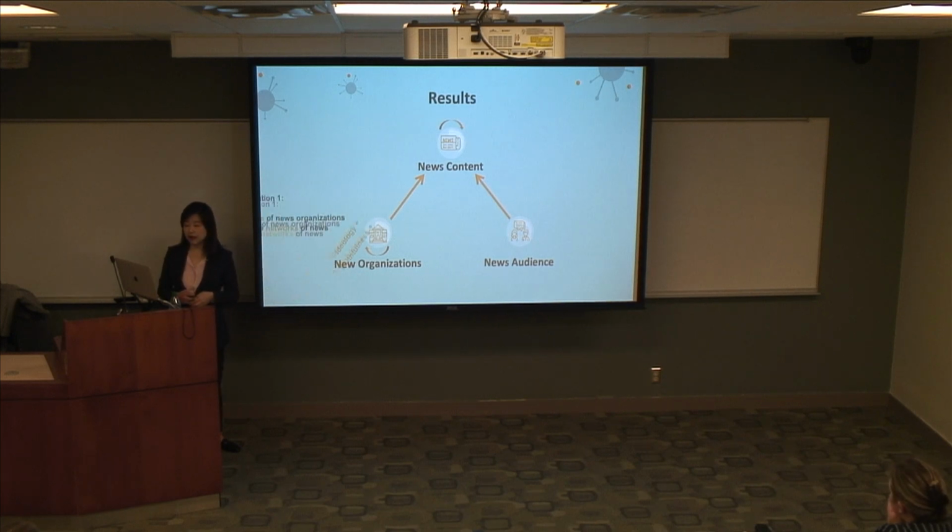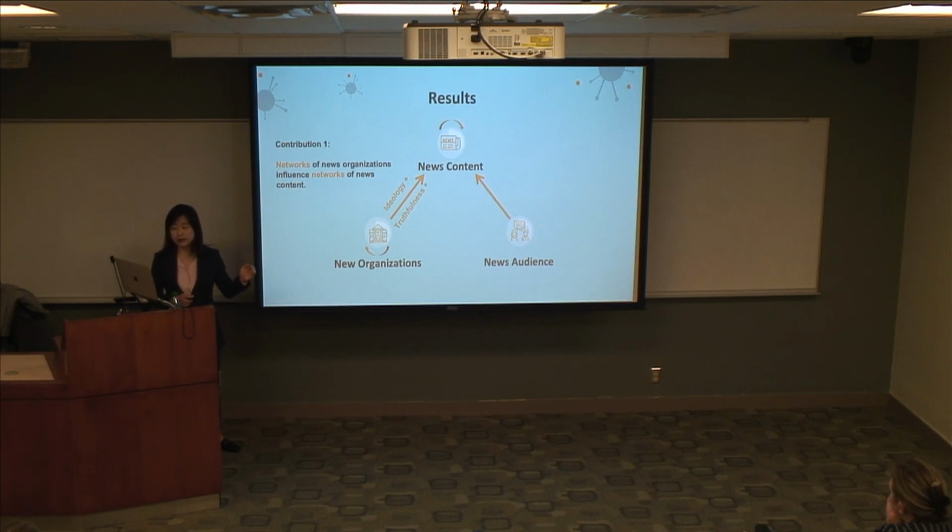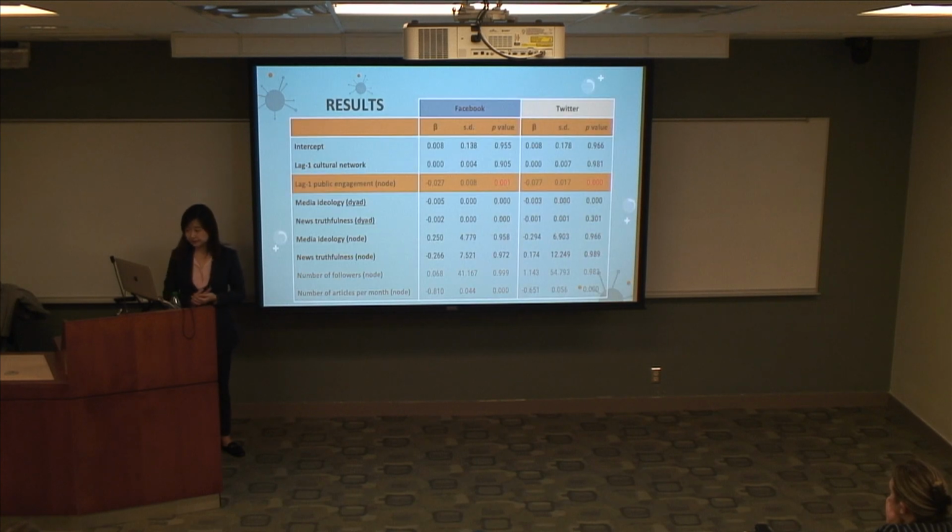So this means that similarities between news media in terms of ideology and news truthfulness predicted the semantic similarities, but not media ideology and news truthfulness per se. Again, this is the first and most important contribution of this study: networks of news organizations influence networks of news content, not the media ideology or the news truthfulness per se.